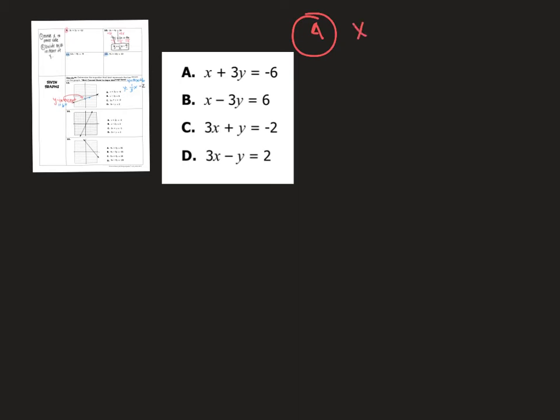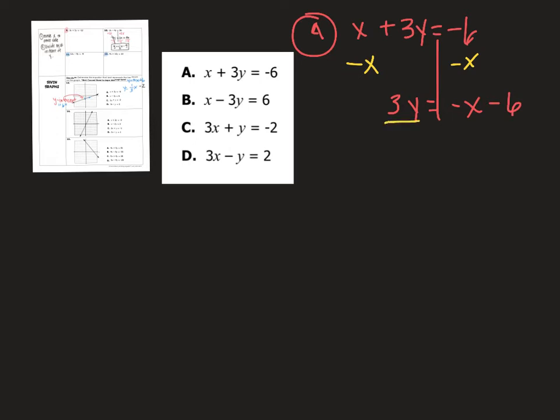We have x plus 3y equals -6. In order to get y by itself, we need to subtract x from both sides, and we would get 3y equals -x minus 6.